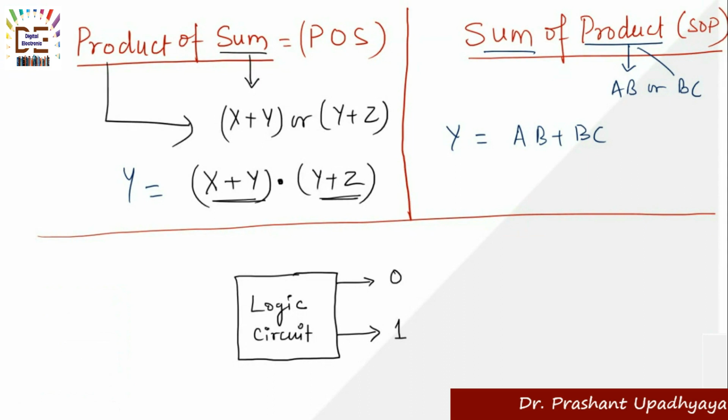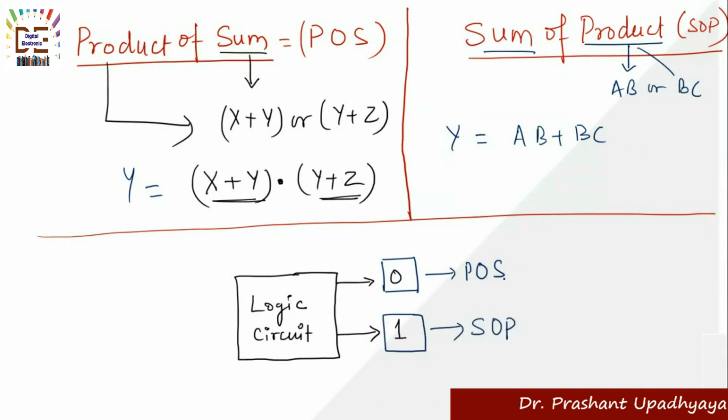If I am using 0, it will be a product of sum, POS. That means the main role played in the circuit will be of 0. If the main role is being played by 1, it will be known as the SOP.